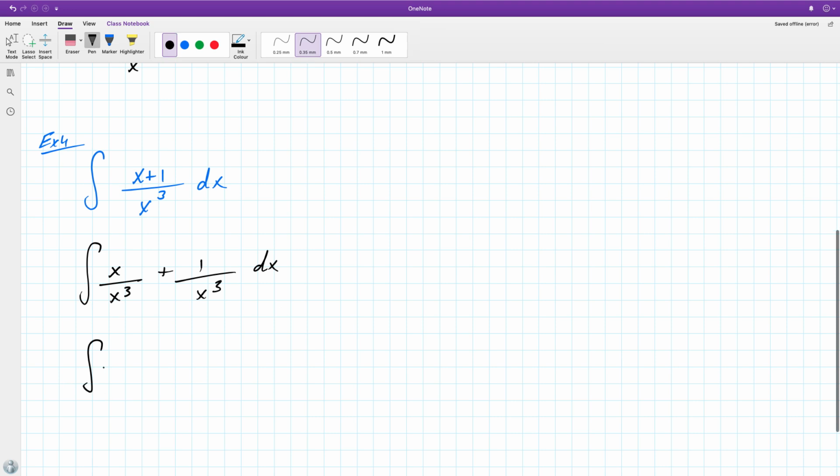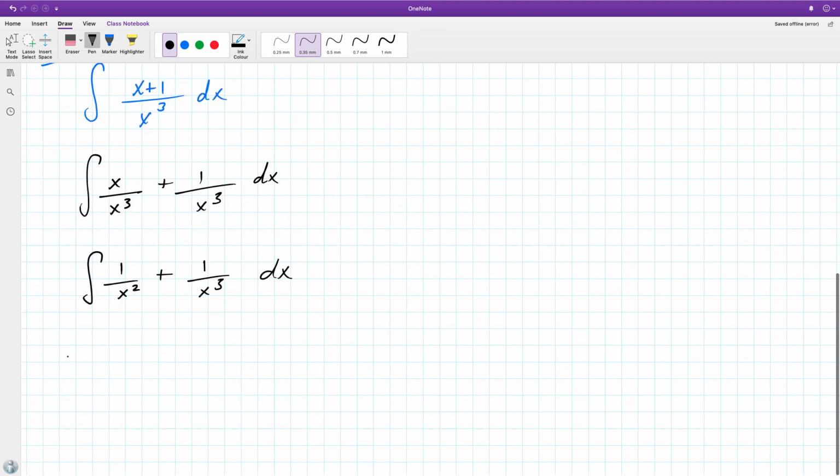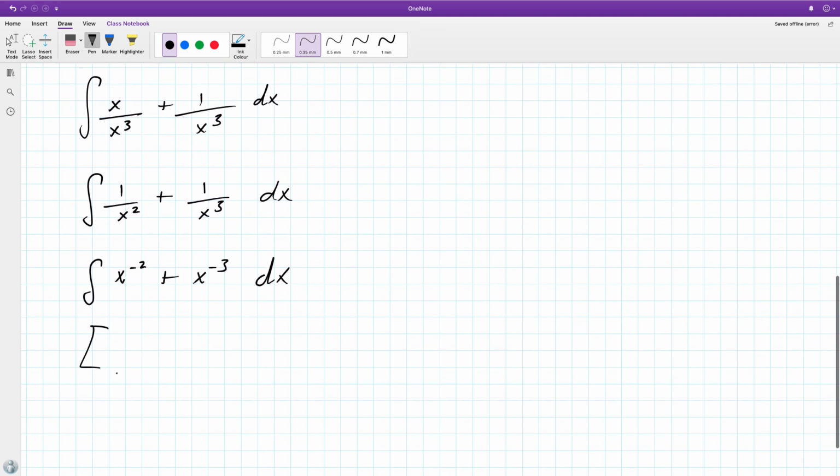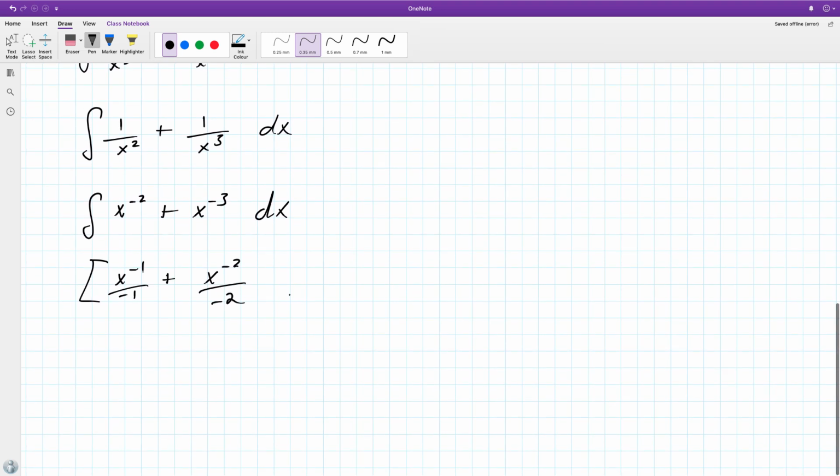So that's the integration of 1 over x squared plus 1 over x cubed dx. That's the integration of x to the power minus 2 plus x to the power minus 3 dx. We now integrate them. Integrate x to the power minus 2, you get x to the power minus 1 over minus 1 plus x to the power minus 2 over minus 2 plus c.